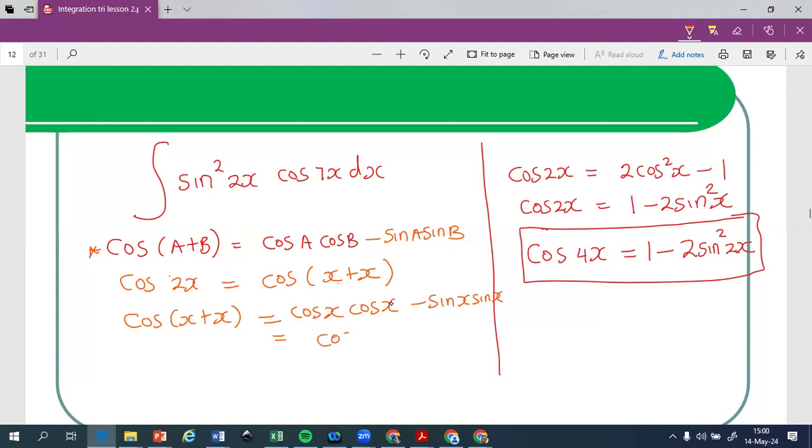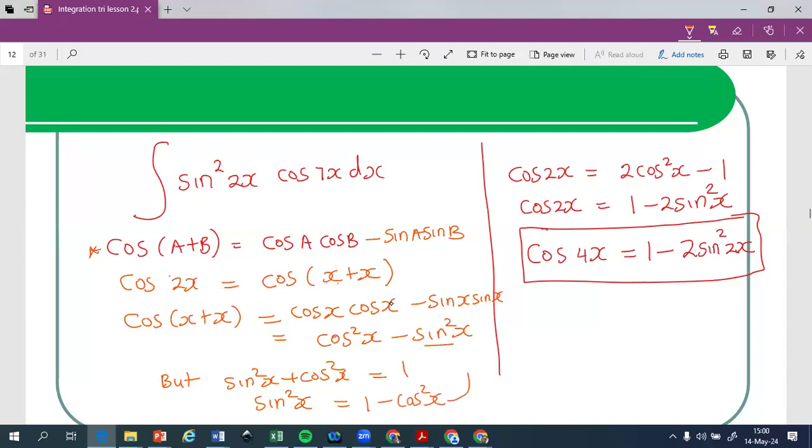So this will give us cos squared x minus sine squared x. But we know very well that sine squared x plus cos squared x is equal to 1. So in case I don't want sine, I will make it the subject. My sine squared x will equal 1 minus cos squared x.